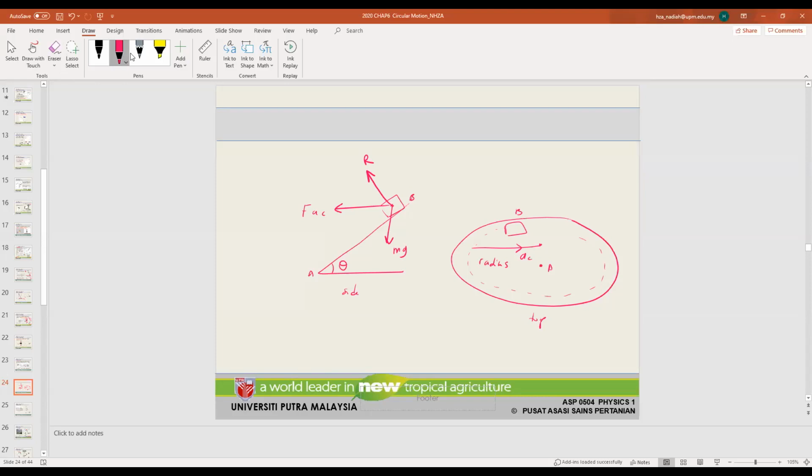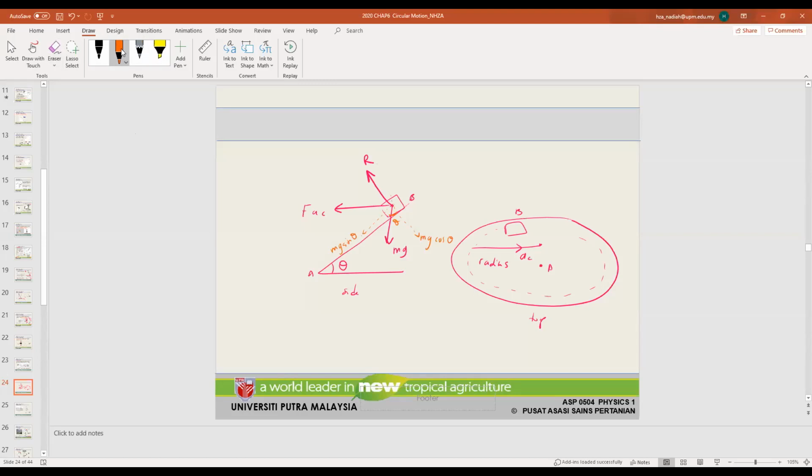Previously for our chapter 3, we said, okay, this guy is theta, and this is mg cosine theta, and this is mg sine theta. Can I resolve my R? Is it? Yes. What is the angle over here? Boleh, I can resolve my R.